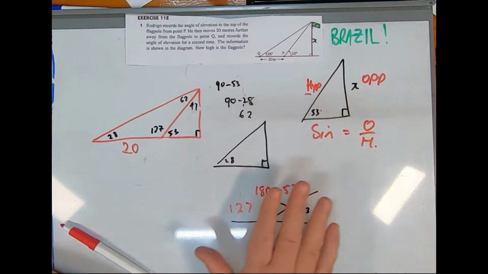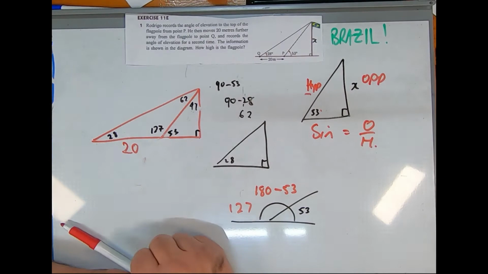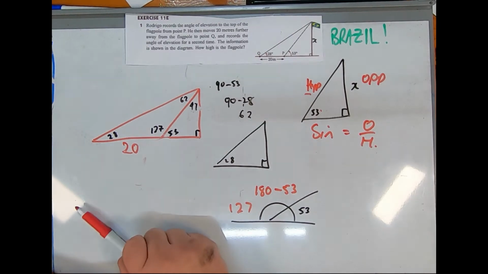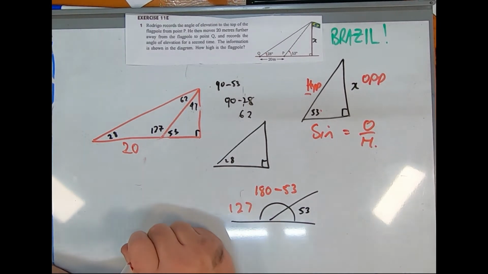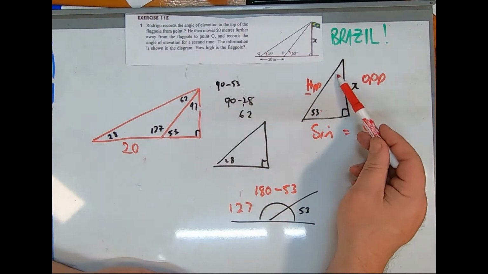So, this has been working out everything I can get without having to do any formulas. I've worked out all these different angles. Let me just check. 53 and this one makes 90.